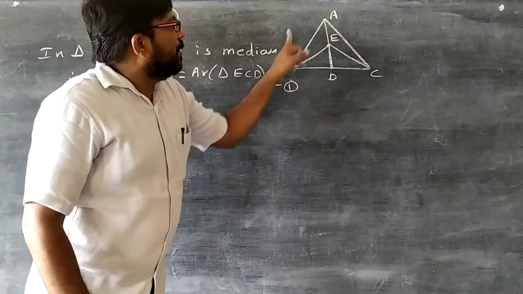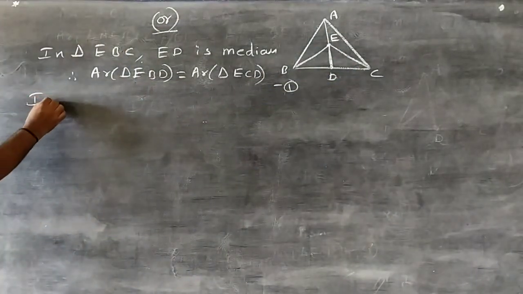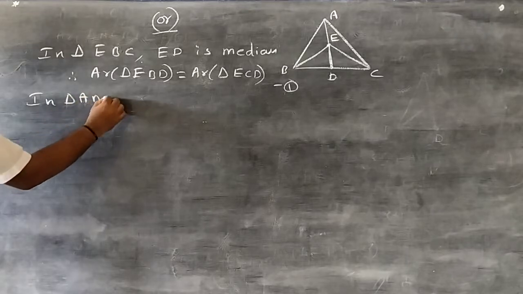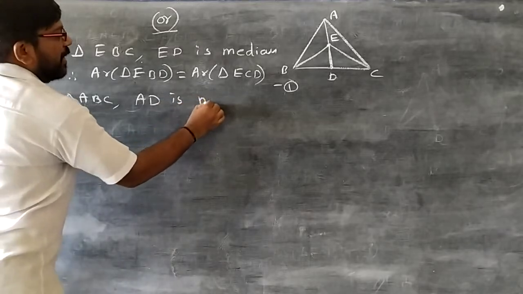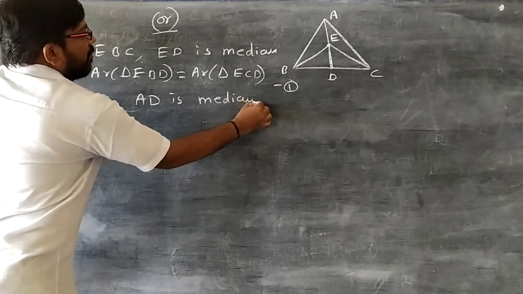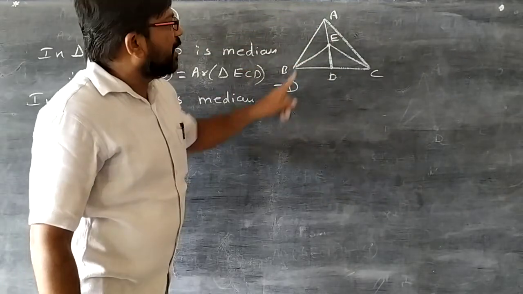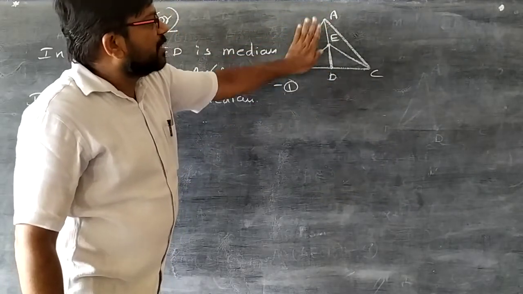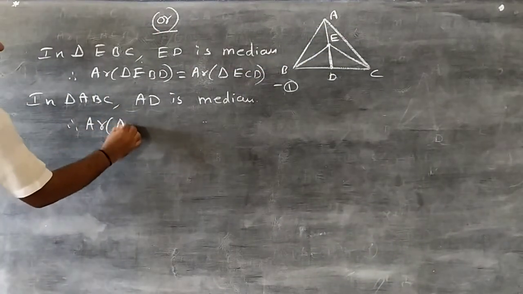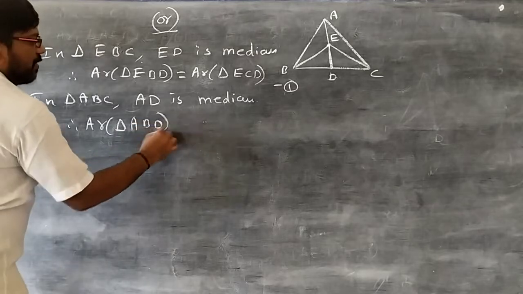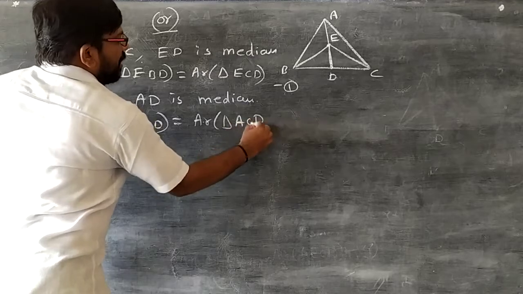Now take the total triangle. In triangle ABC, which is the median? AD is the median, right? Then these two are equal in area. Therefore, the area of triangle ABD is equal to the area of triangle ACD, right?